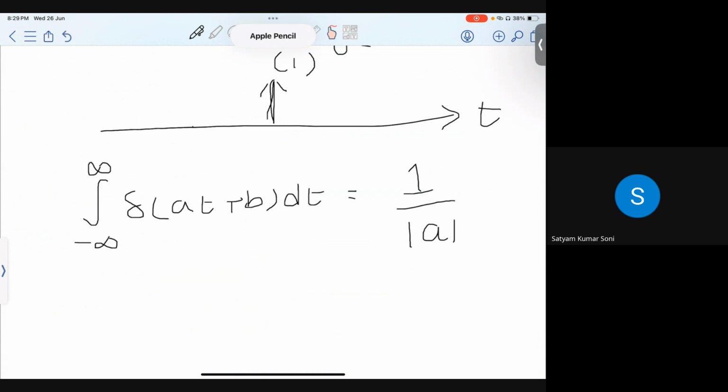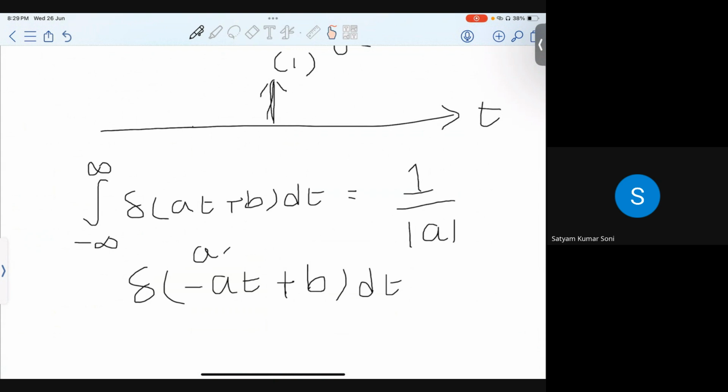So let's take a particular example first. Let's take a to be a negative number. Then delta of (at plus b) is of the form delta of (minus a t plus b) dt, right? So this is when a is less than 0, and you want to evaluate from minus infinity to infinity.